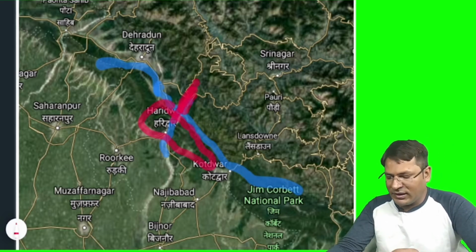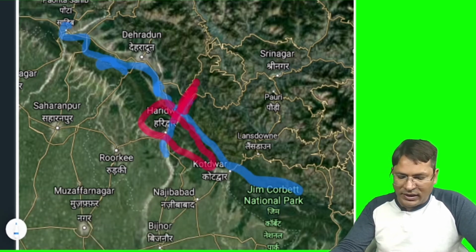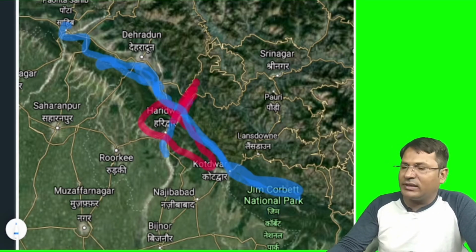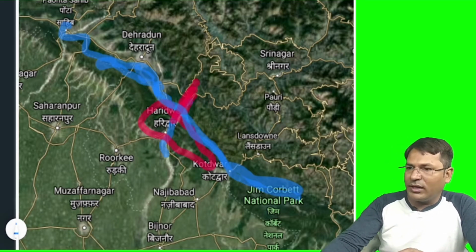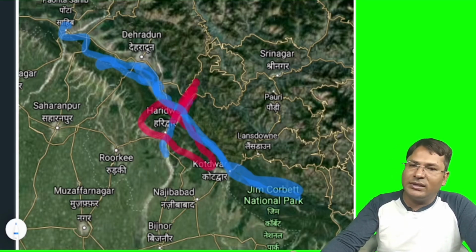So we can say that the area near the mountains, this is the Shivalik range. For example, Dehradun and Rishikesh are in the Shivalik range.